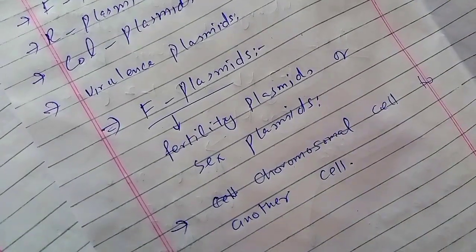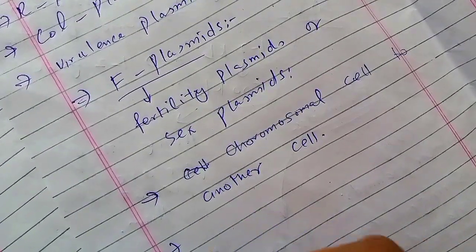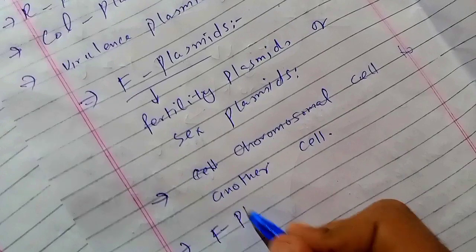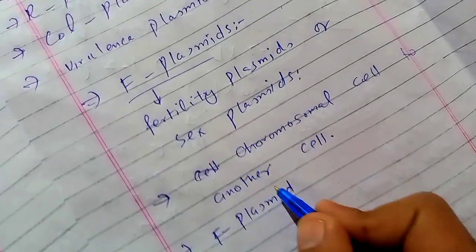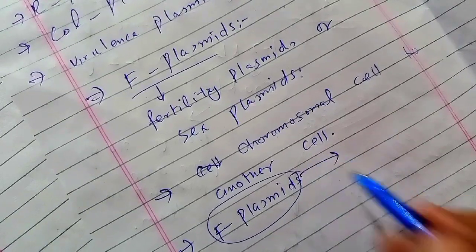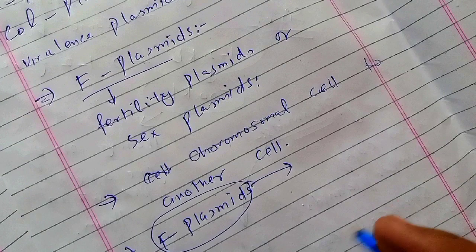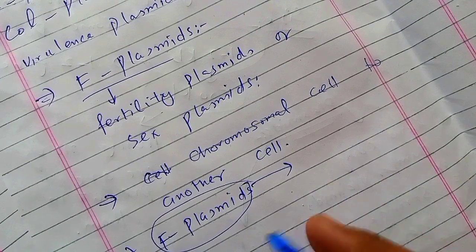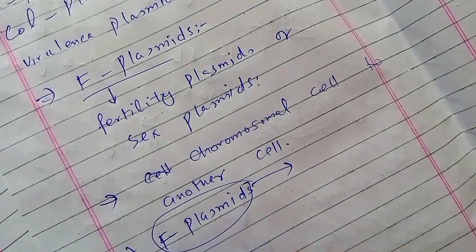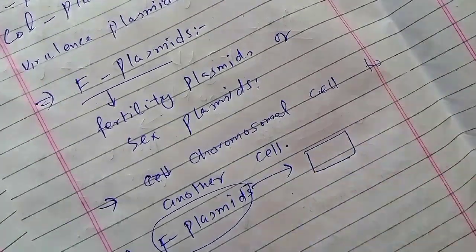And the second ability is that it can also transfer the plasmid from one cell in which there is a plasmid to another cell in which there is no plasmid.